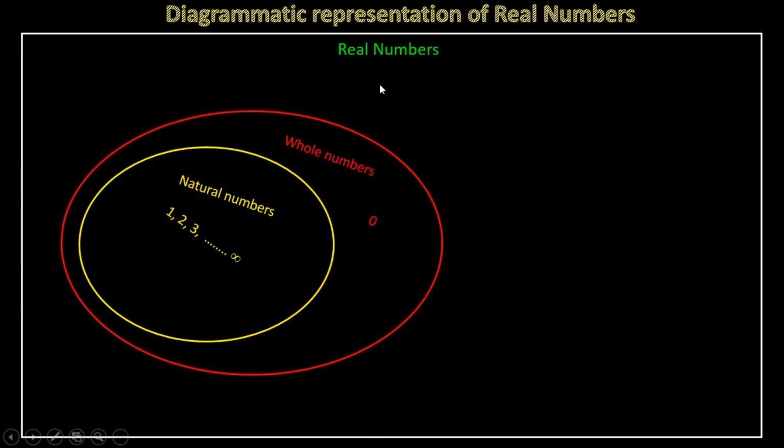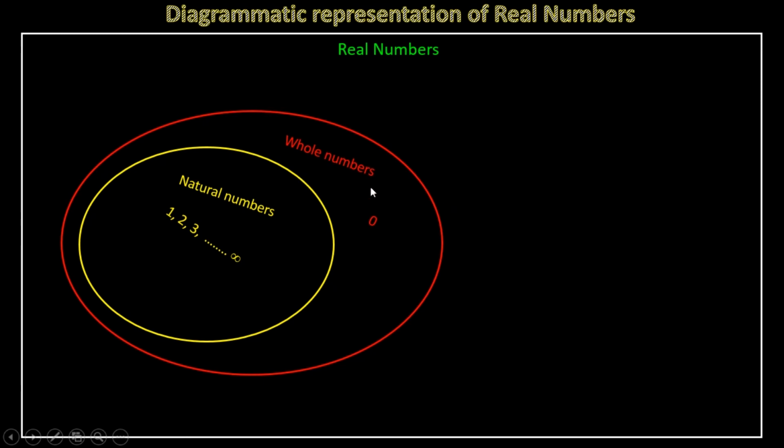You can see this red ellipse. These are not exactly circles, these are ellipses. You will see the natural numbers are inside the yellow ellipse and the whole numbers are inside the red ellipse.